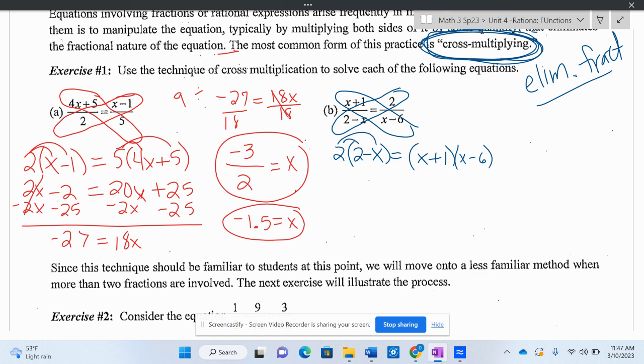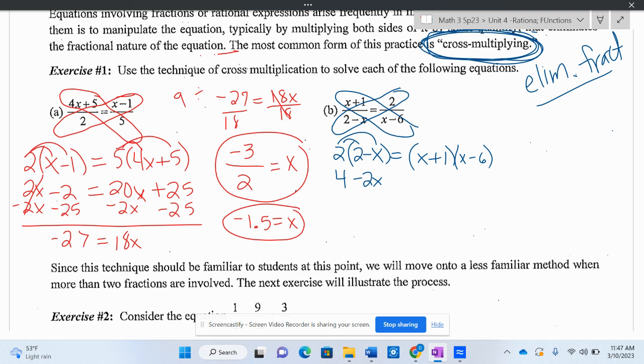So on the left side, what am I going to do? What operation is this? Yeah, I'm going to distribute on the left. 2 times 2 is 4, and 2 times negative x is negative 2x.